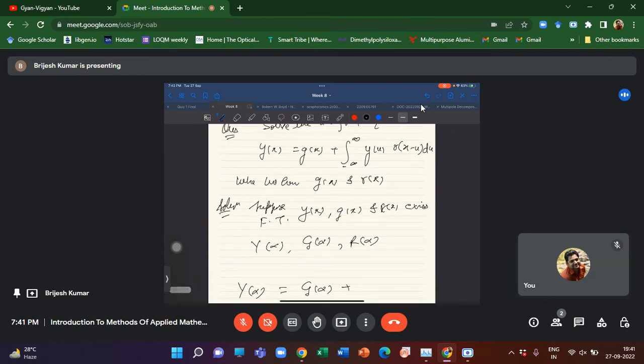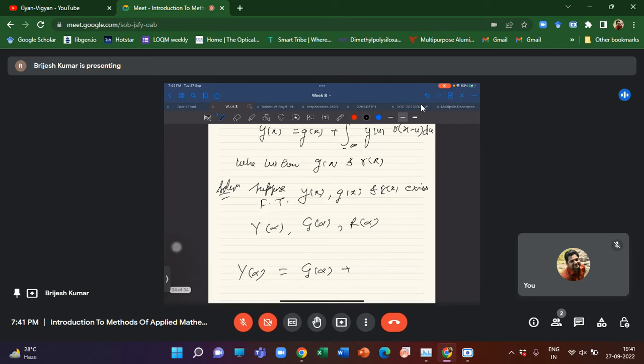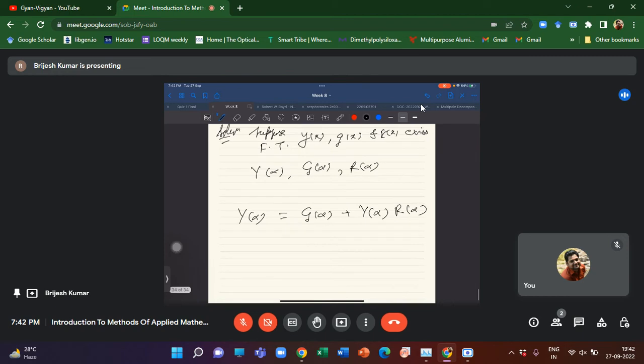From the convolution theorem you can write this as Y(alpha) R(alpha). So from here, Y(alpha), it will go to this side, is equal to G(alpha) upon 1 minus R(alpha).